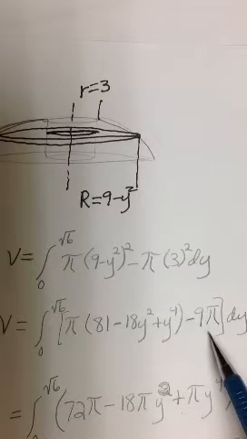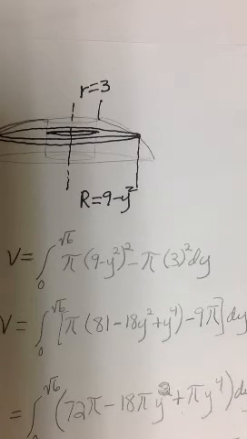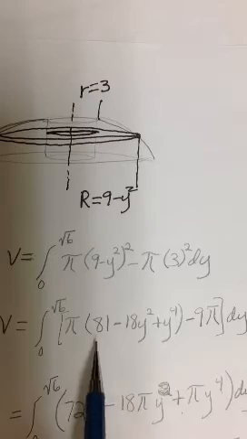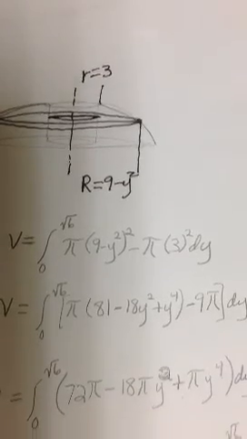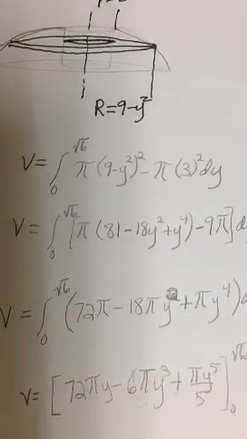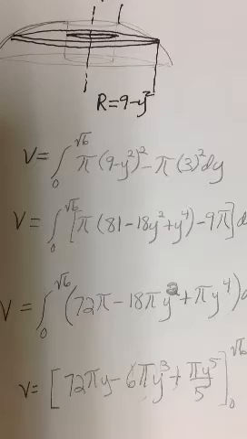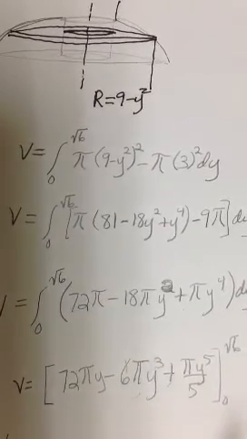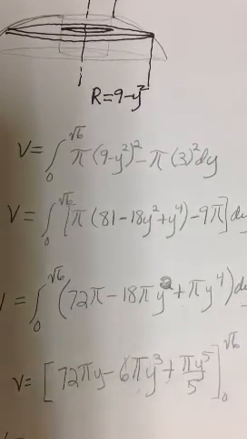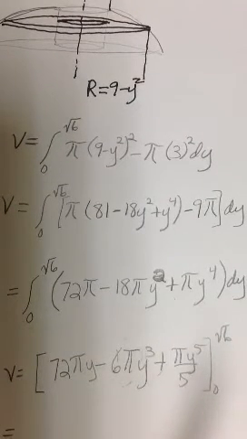We have minus 9 pi dy, and combining like terms, 81 pi minus 9 pi, this is going to lead to 72 pi minus 18 pi y squared plus pi times y to the 4th dy.